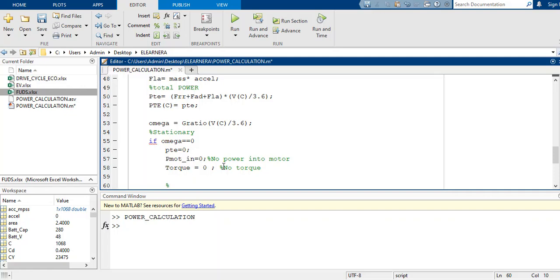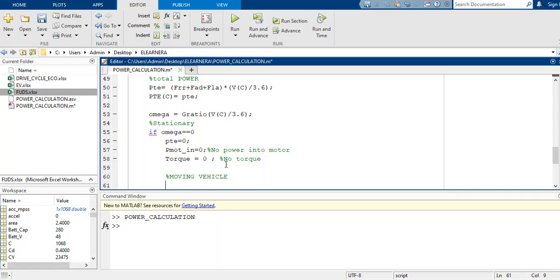After that we will put a loop for a moving object, means for a moving vehicle. Then else if, means omega is greater than 0, then we will say that the vehicle is moving.